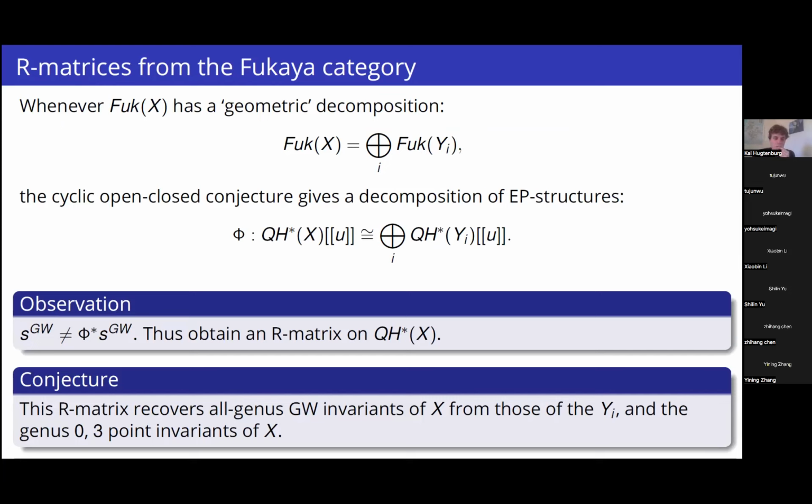Well, okay. I thought this is Y_i's, but then it's X. All right. Then I actually believe a weaker version of the conjecture, that you don't even need 0, 3, right? Why do you need 0, 3? Actually maybe you're right, because in some way you only need the genus 0 3-point invariants to obtain the R matrix.